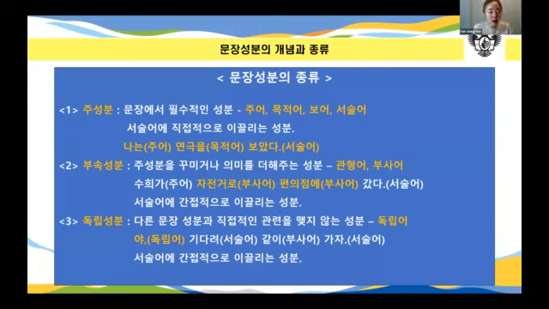And second, subcomponent, 부속성분. An auxiliary component is a component that modifies the main component or adds meaning to it. For example, let's read the sentence together. 수희가 자전거로 편의점에 갔다.